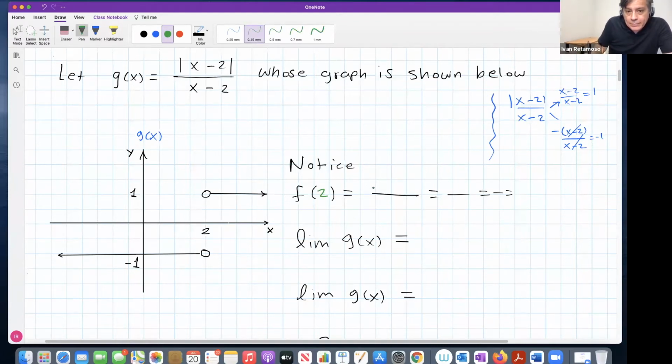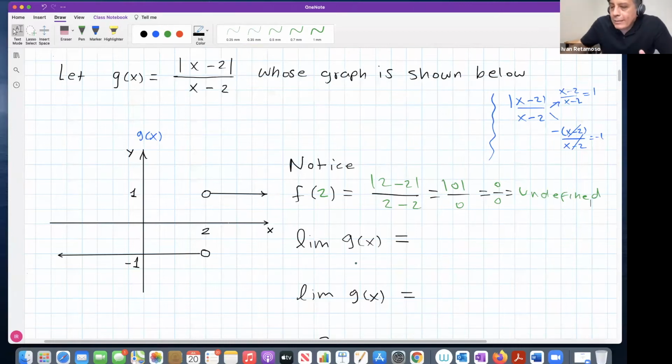Because look, this will be the absolute value of 2 minus 2 over 2 minus 2, 0, absolute value of 0 over 0, 0 over 0 again, which we call undefined, right? Trouble there.